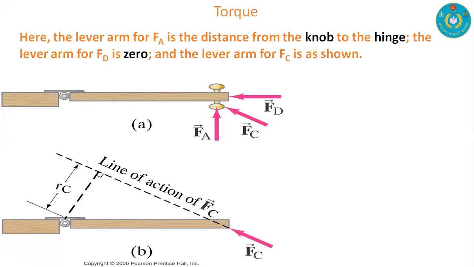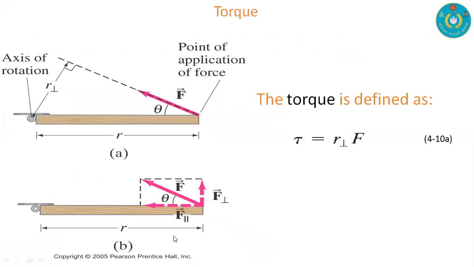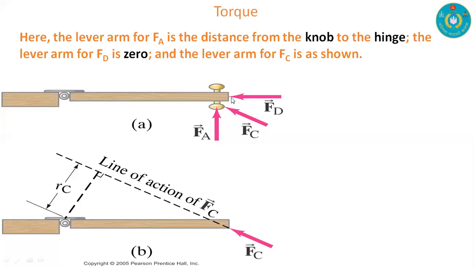The lever arm for Fd is 0, and the lever arm for Fc is shown in diagram B. From this, we can say that for Fd we cannot rotate this lever arm, and for Fa we have more radial distance, then we can move this lever arm, and for Fc comparably we have to apply much force at the point Fc, and for Fa that is easier.